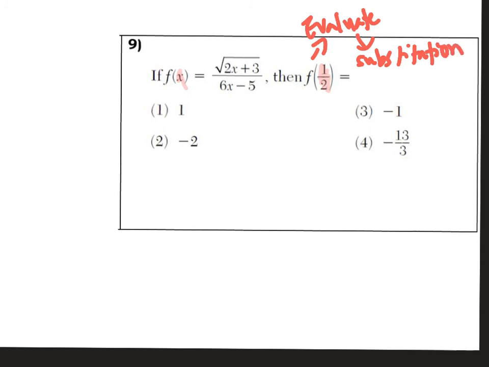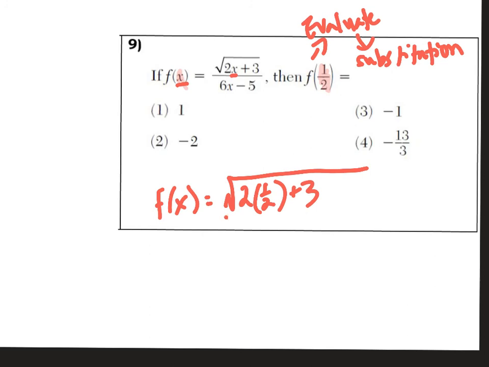Right, so every time we see an x, we're going to just substitute in 1/2. So I have f of x equals the square root of 2 parentheses, because I'm substituting in, 1/2 plus 3 all over 6 parentheses 1/2 minus 5. Okay, so I'm going to start simplifying. 2 times 1/2 is just 1.